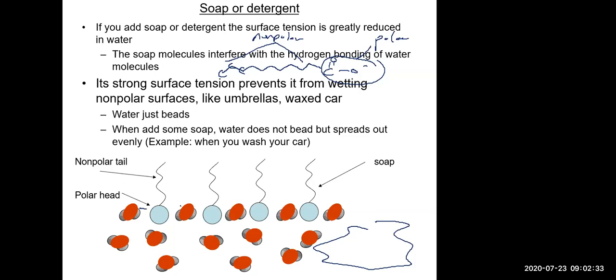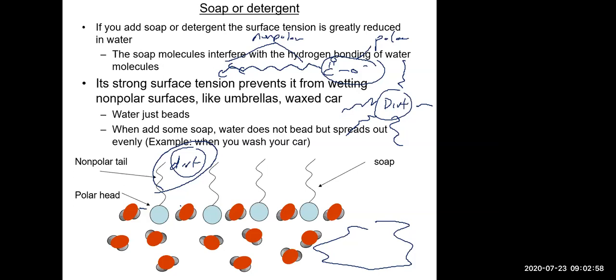The good news about that as well is when you're doing the soap part, dirt is nonpolar. So the nonpolar side of soap will trap the dirt in it. And that's essentially how soap works. There's dirt, which is nonpolar, so that nonpolar side of soap will be trapped in it, and that's known as a micelle.